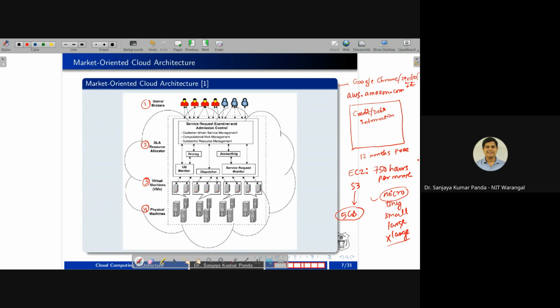In Amazon, you can see there are different types of users. Suppose this user is interested in EC2, Elastic Compute Cloud, so that user is interested in computation, but this particular user is interested in storage, so the user can use S3.